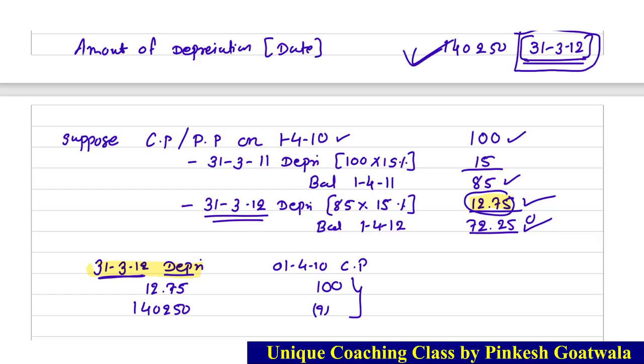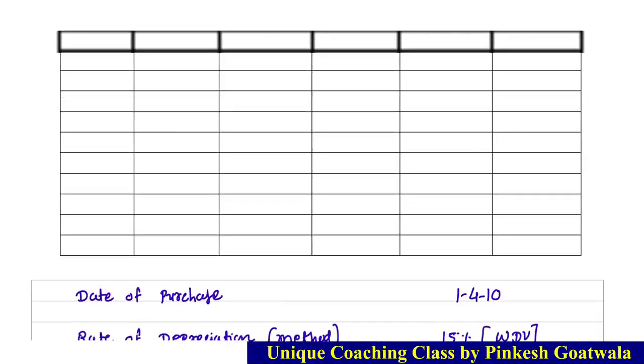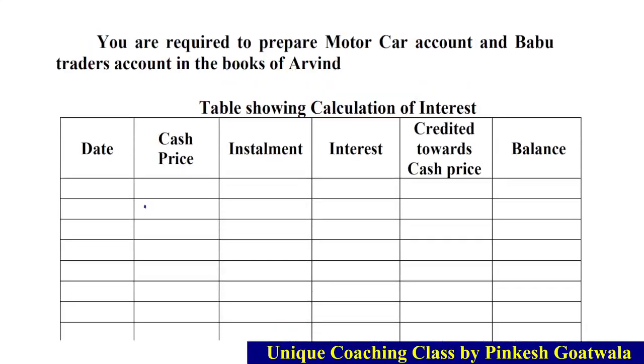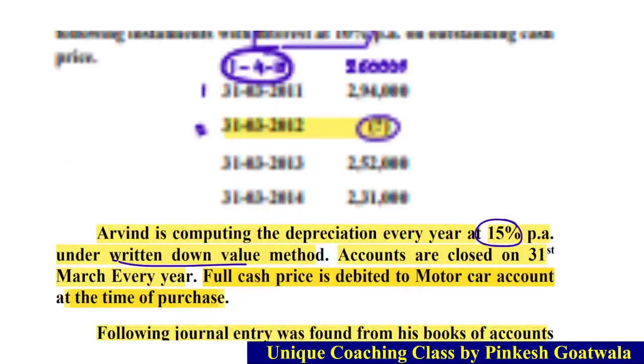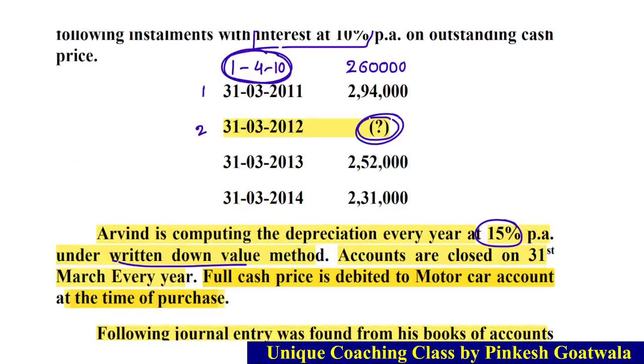So now let's find out. You will get 11 lakh. 11 lakh, it's a cash price, right? So we now have a cash price that is 11 lakh. Now let's start our calculation. Here the installment is not given, so don't worry about that, we will get it.